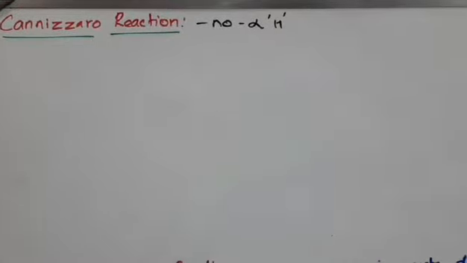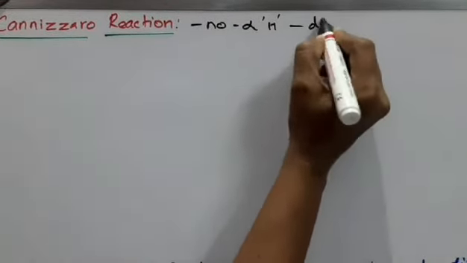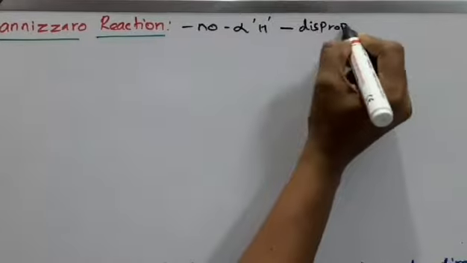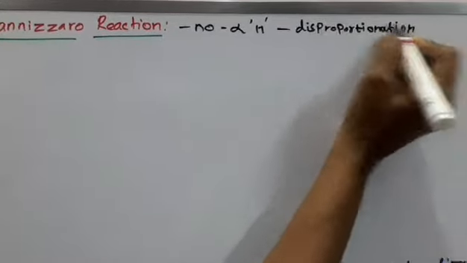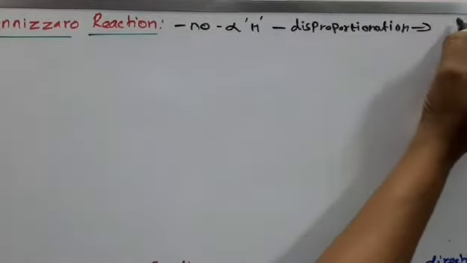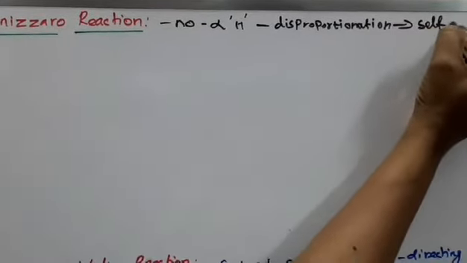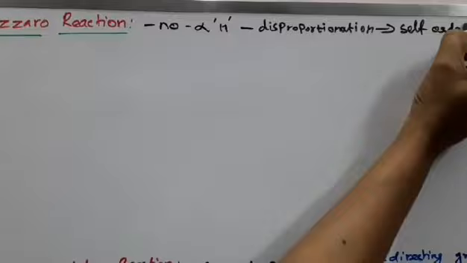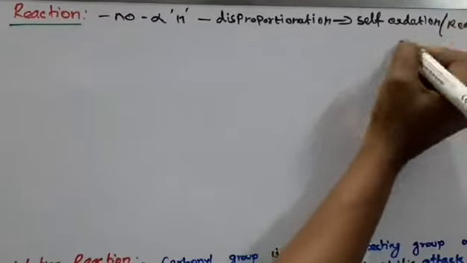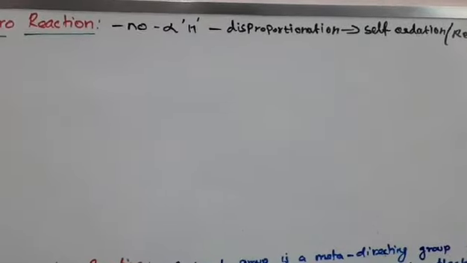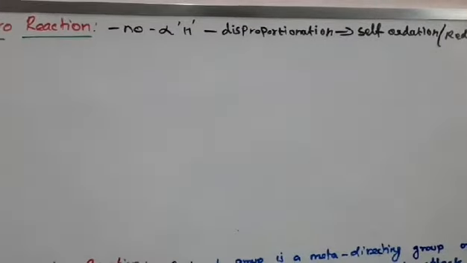This reaction is called a disproportionation reaction. So what is a disproportionation reaction? Self oxidation and reduction take place.